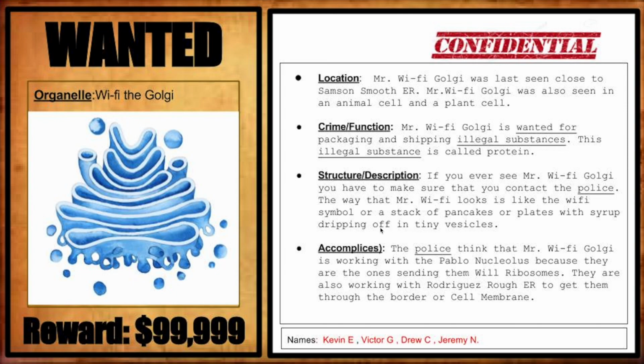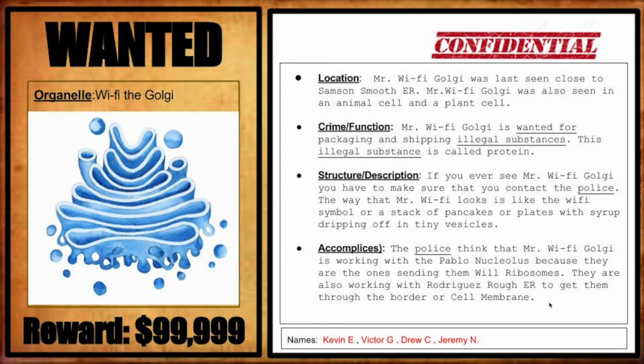All right, accomplices. The police think that Mr. Wi-Fi Golgi is working with Pablo Nucleus because they are the ones sending them Will Ribosome. They are also working with Rodriguez Rough ER to get them through the border, or cell membrane.